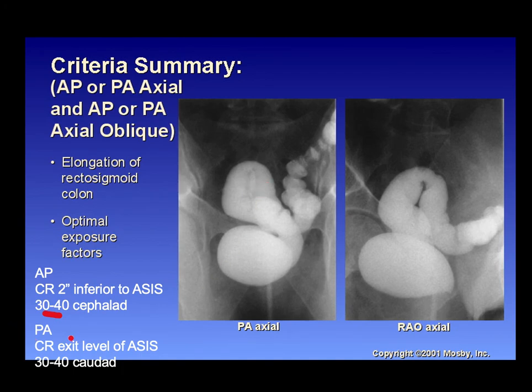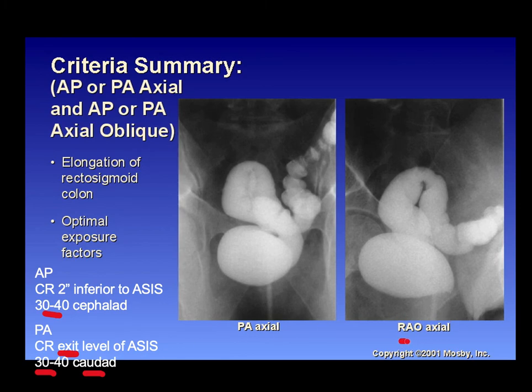If you're PA, your central ray is to exit the level of the ASIS, which means that the ASIS is next to the image receptor, so you have to adjust your central ray to make sure that it is exiting at the ASIS, and then you're 30 to 40 degrees caudad, okay? So AP is cephalad, PA is caudad. AP is 2 inches inferior to the ASIS, and PA is exiting at the level of the ASIS.